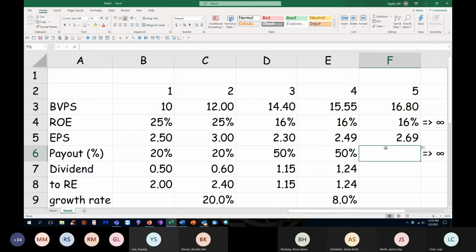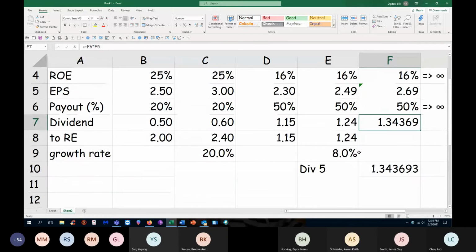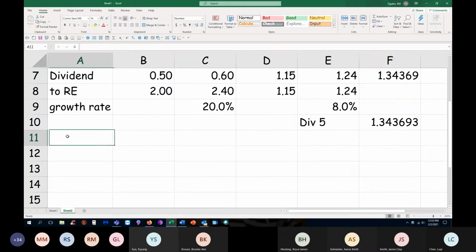And we'll assume the payout remains at 50%. So paying out half of 2.69, we would see that the payout is $1.34, but is that what we got the other way? Yes, it is. So from $1.34, $1.4693. So this is the growth rate of the dividend stream. Okay. Now there's another way to calculate the growth rate once you're in steady state.